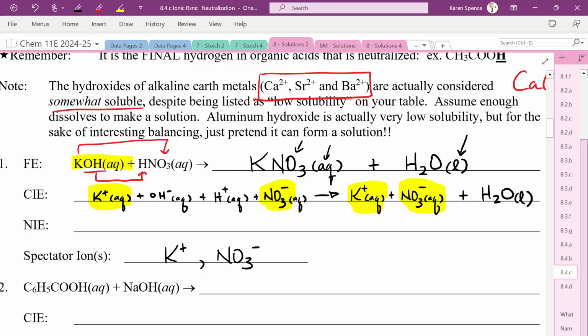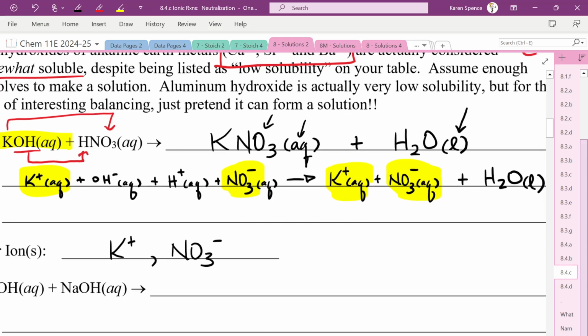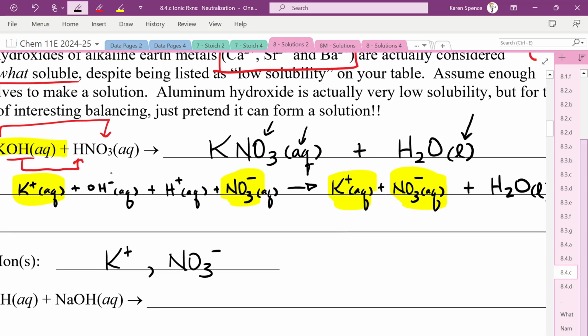And our net ionic equation, I like my H to go first, but you can put the OH first, it's okay. I like the H to go first because it just makes more sense in my head. It doesn't matter. You could have written OH plus H, yes?